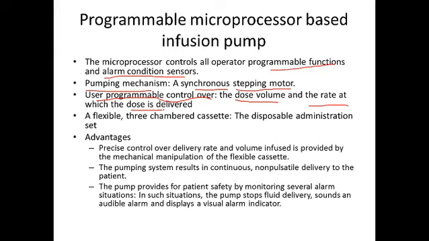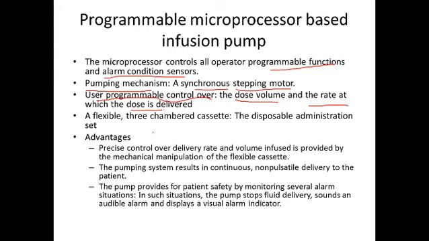Okay, and there will be a low BP or something, some type of critical things will happen. So you have to also control the drop rate for the IV, similarly for drugs also. So if you are going to give any sedative to the patient, how much sedative you have to give and at what rate you have to give that sedative, that also is to be controlled. That is nothing but the rate at which the dose is delivered.